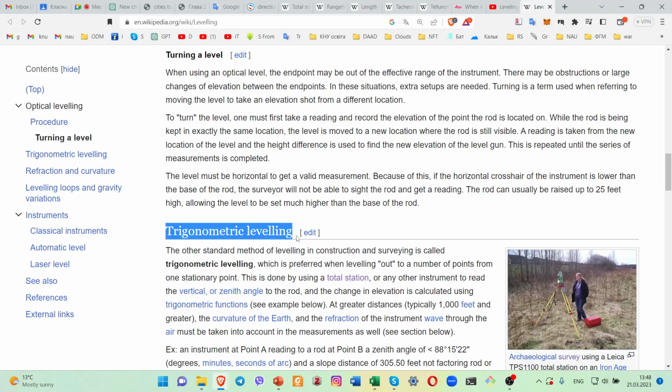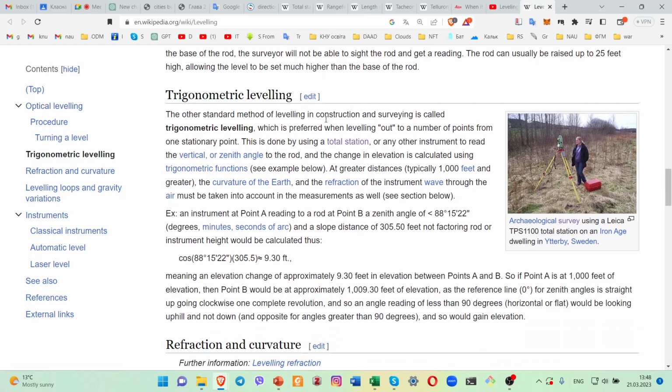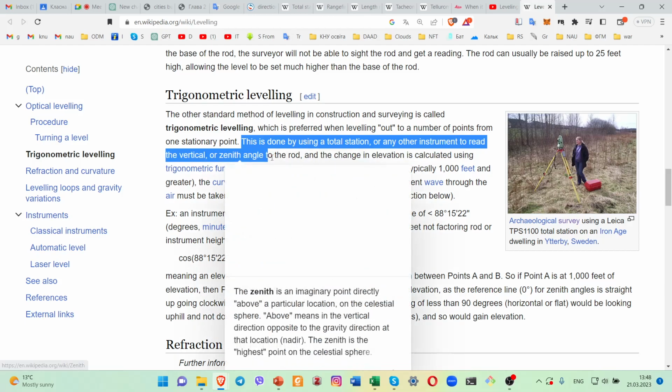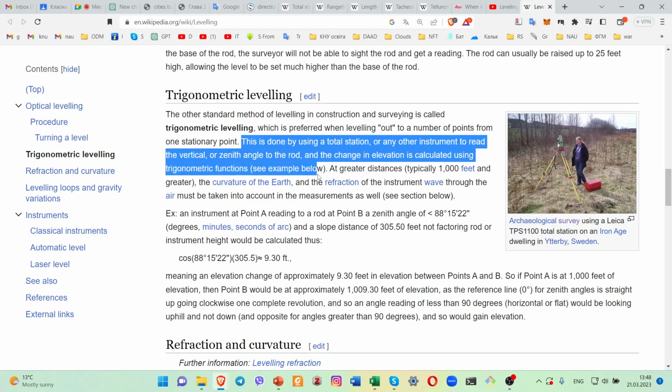We use a theodolite or electronic tachymeter. This is done by using a total station or any instrument to read the vertical or zenith angle to the rod, and the change in elevation is calculated using trigonometric functions.